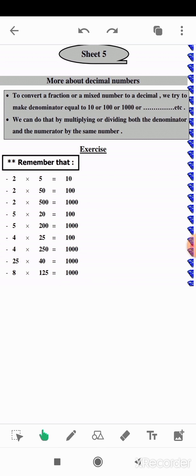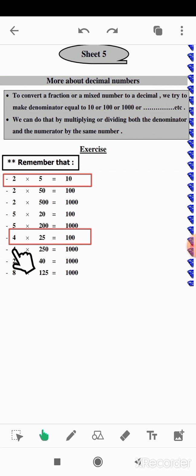If I find 5 in the denominator, I will multiply by 2. If I find 2 in any denominator, I will multiply by 5. If I find 4 in any denominator, I will multiply by 25. If I find 25, I will multiply by 4.